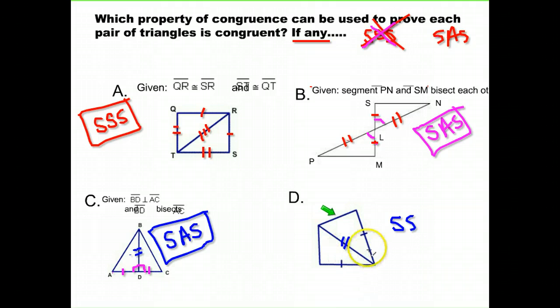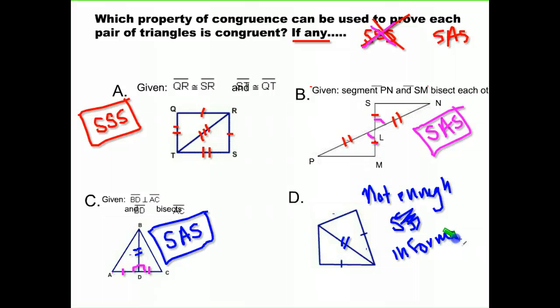No. And none of my angles are marked. Nothing is marked as perpendicular. So this one is just going to have to go with, I cannot show that those are congruent. They kind of look congruent, but there's not enough information to use either side, side, side, or side, angle, side, and that will happen sometimes.